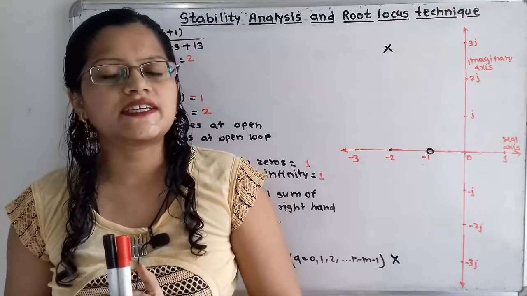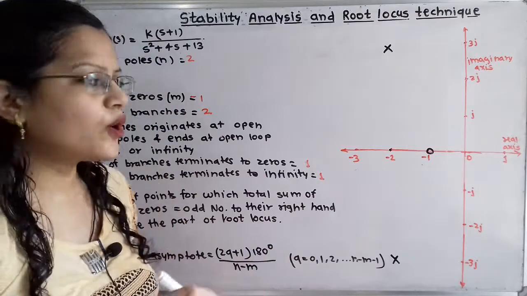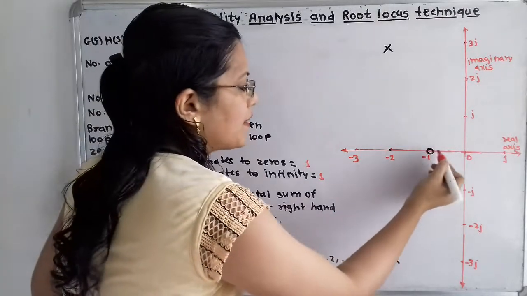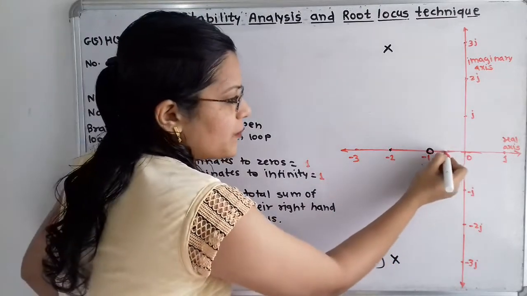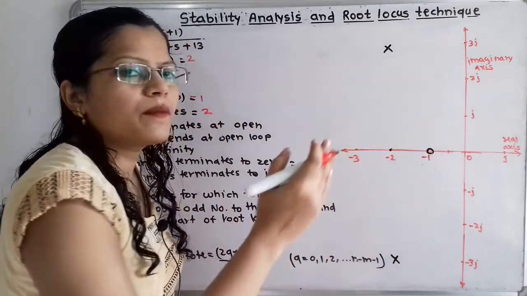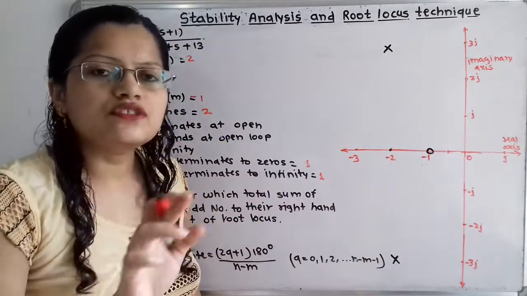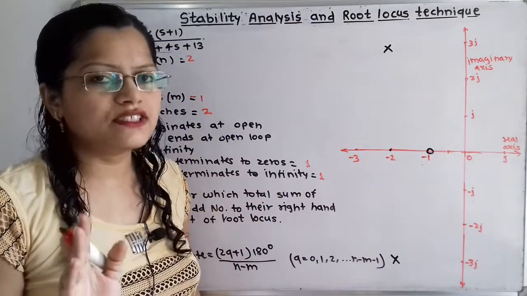Now we will use here the trial and error method. If I take the range of points in between 0 and -1, suppose I take this middle point, then how many poles and zeros are on its right hand side? There is no pole or zero.